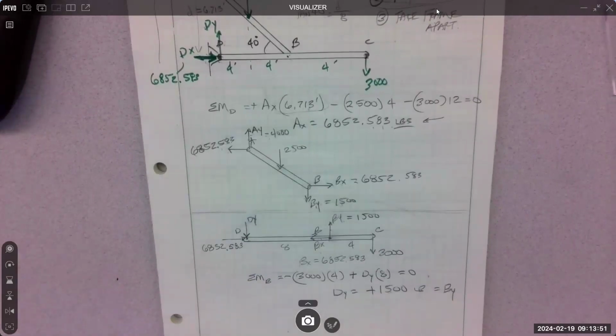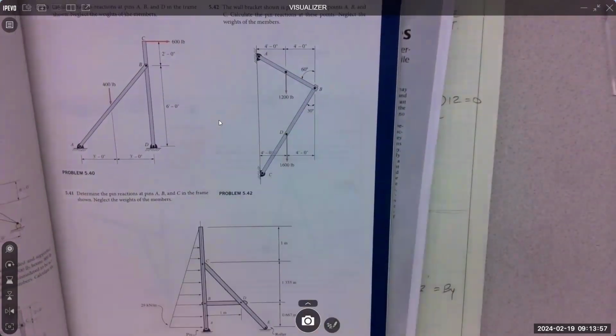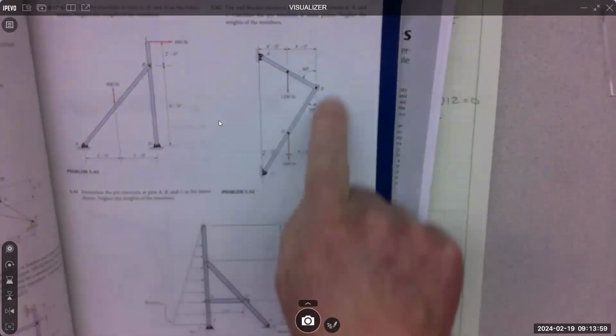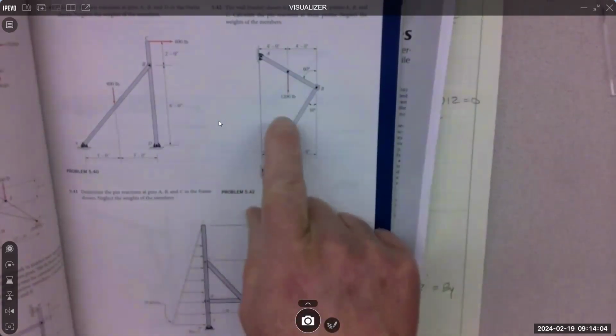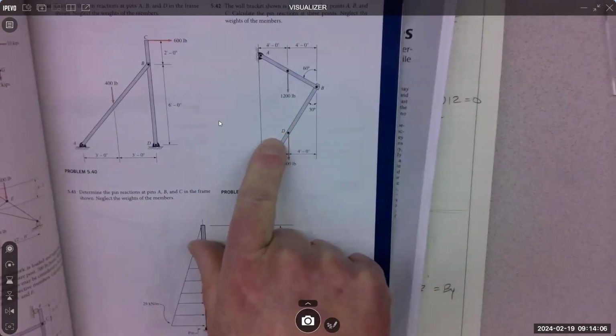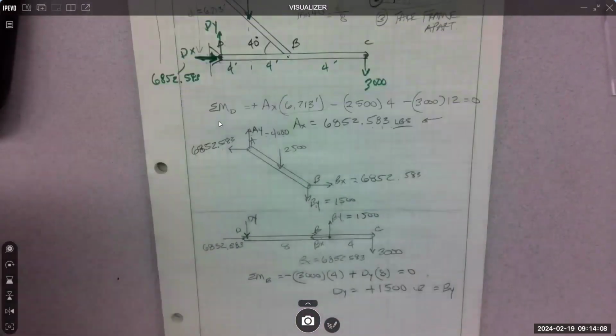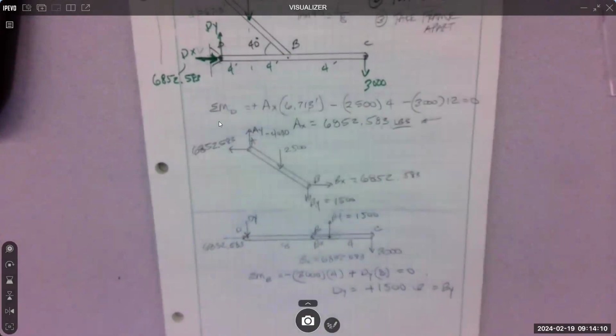When you have frames that have multi-angle members, like this one appears kind of simple. It's a 2-member frame, but neither one's horizontal or vertical. So it's a pretty difficult frame to solve. Lots of strategies there.